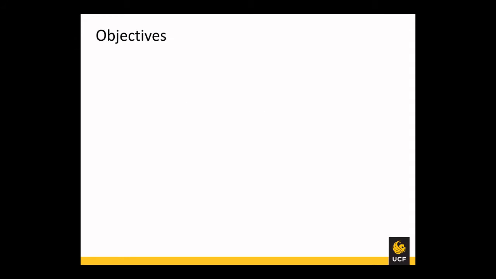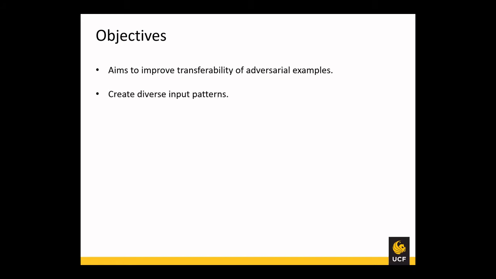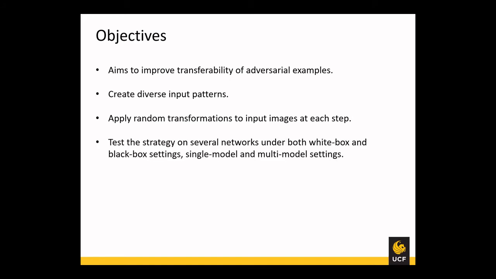So objectives of this paper: the authors aim to improve transferability of adversarial examples. They use the method of diverse input patterns. The authors apply random transformations to input images at each step. They test proposed input diversity on several networks under both white box and black box setting and single model and multi-model setting.